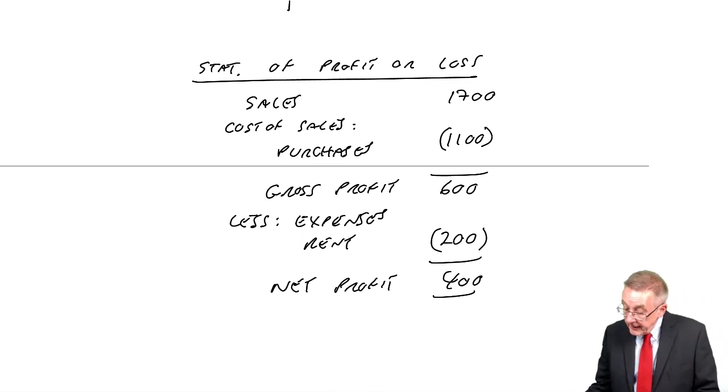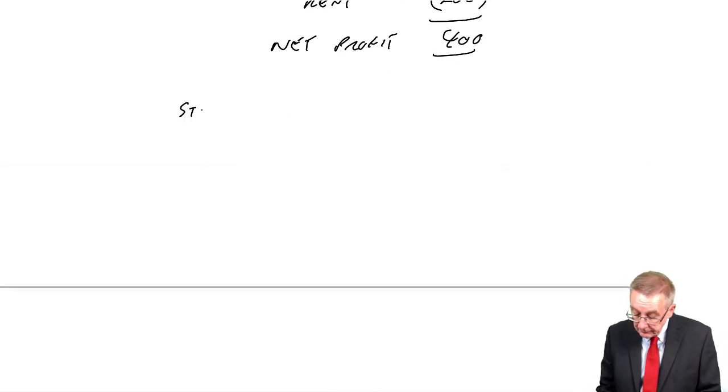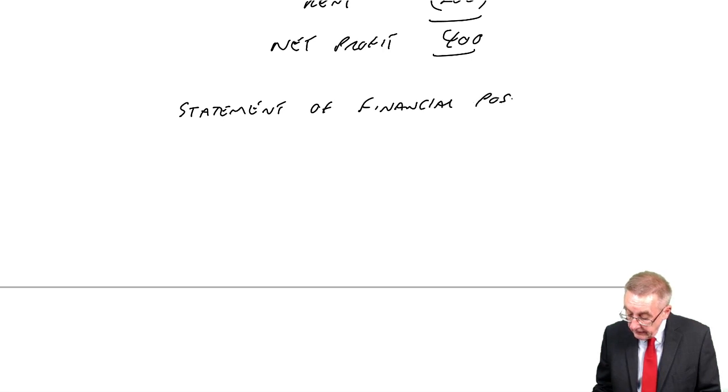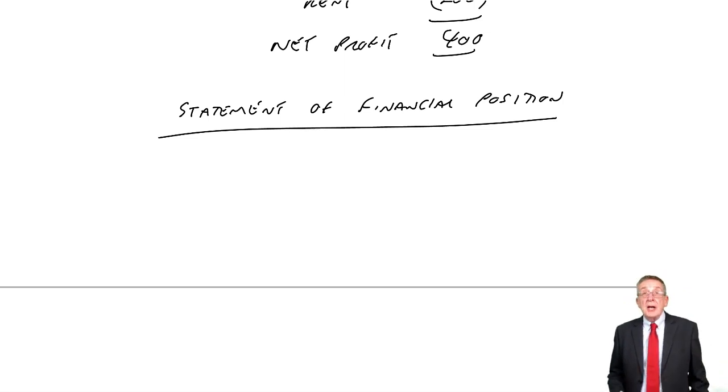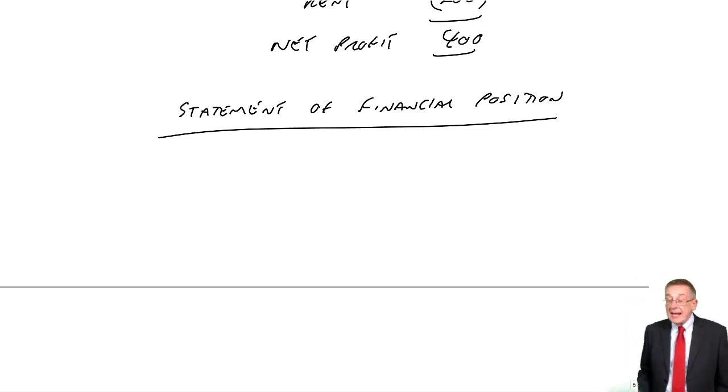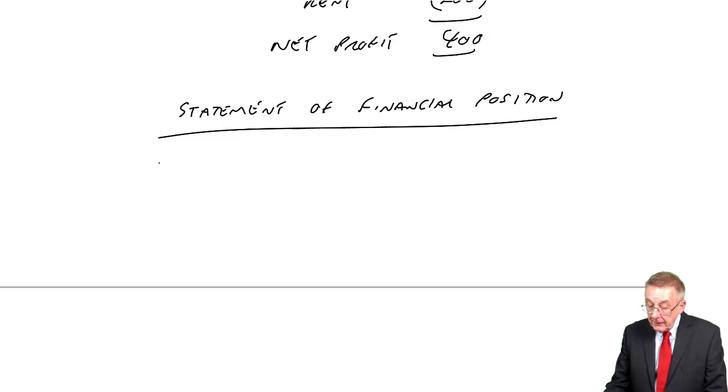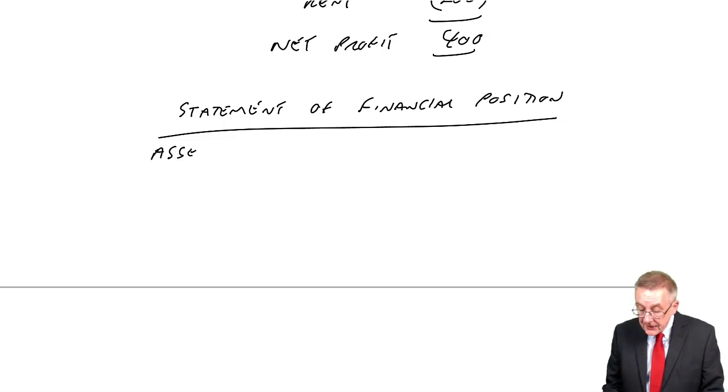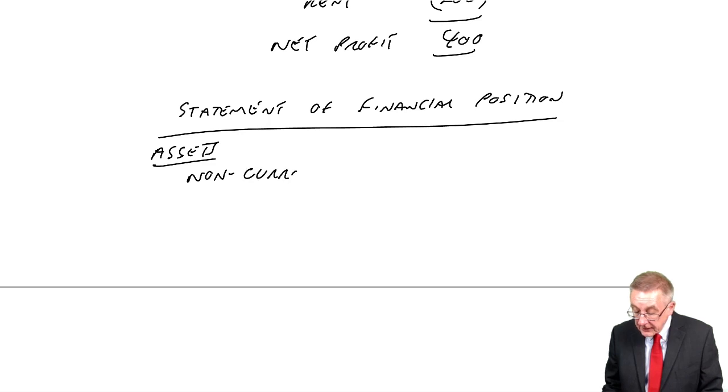What about the statement of financial position? Well, again, in our last chapter, I went through enough about the layout. And what is the layout? We'll list all our assets, but remember they must be split between non-current and current.